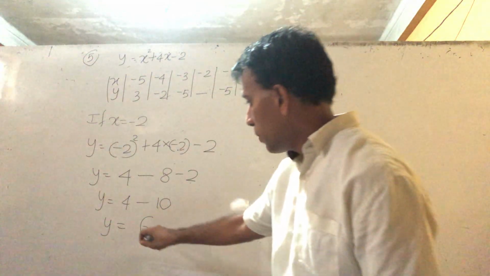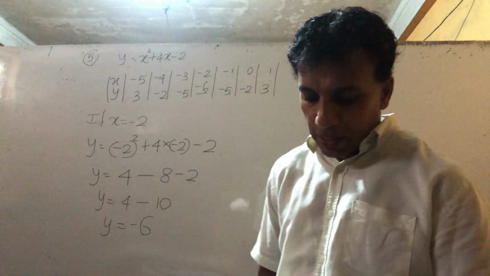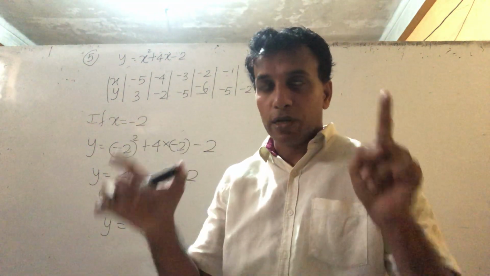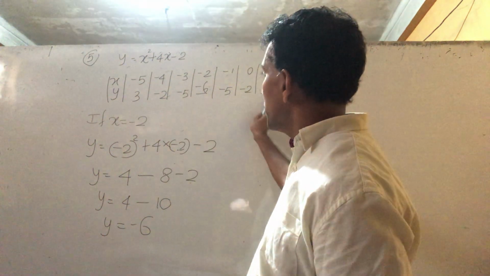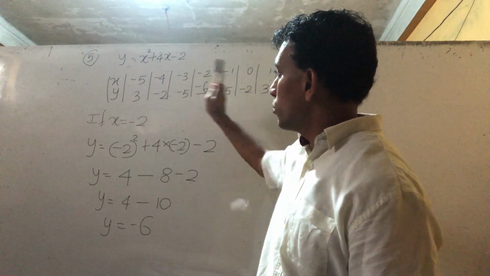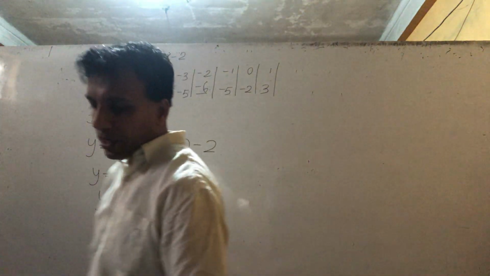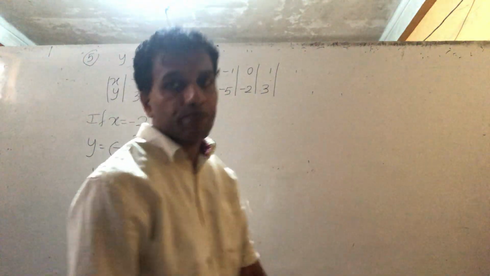So here minus 6. As I mentioned in the previous video, after completing the table, see the y values 3, 3, minus 2, minus 2, minus 5, minus 5. Therefore the graph y becomes symmetric. Always y is symmetrically distributed.